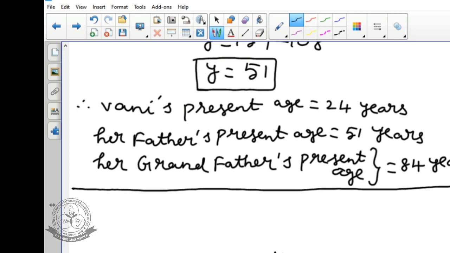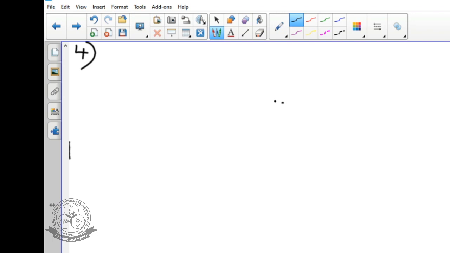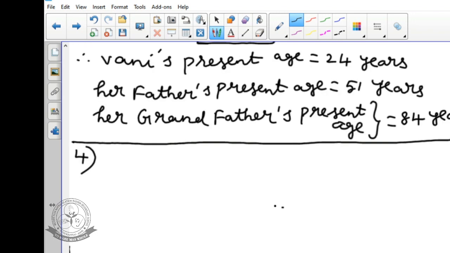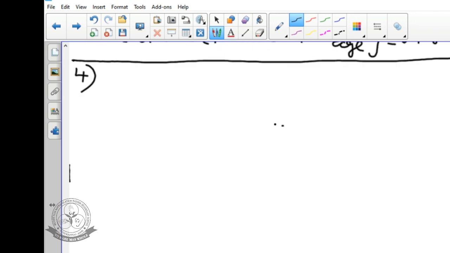Next, another one, the fourth one. See the fourth one. The sum of the digits of the 3-digit number is 11. The sum of the digits of the 3-digit number.